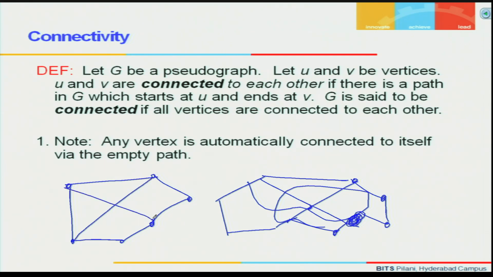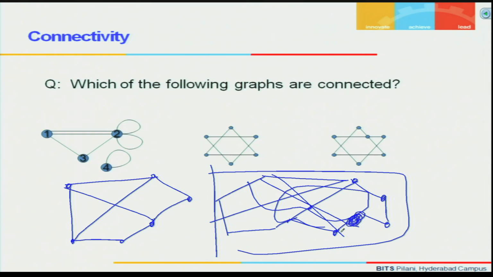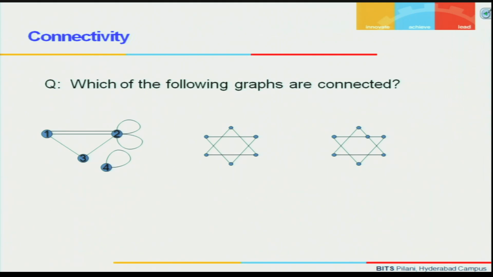If this is the graph that we have, we will take this example. We say this graph is connected if there is a path between any given pair of vertices; otherwise not. This is what we call connectivity of a graph. Now let us find out in these three examples which is a connected graph and which is not a connected graph.